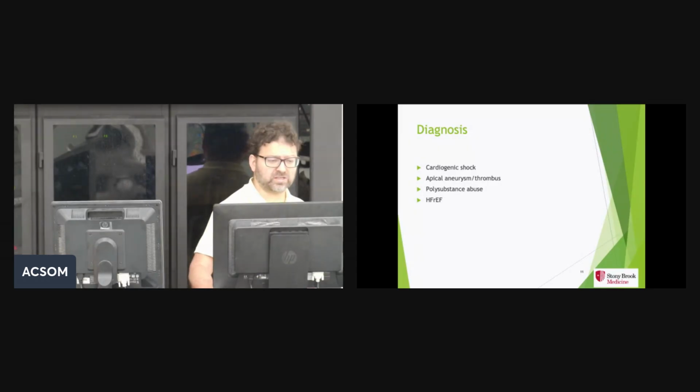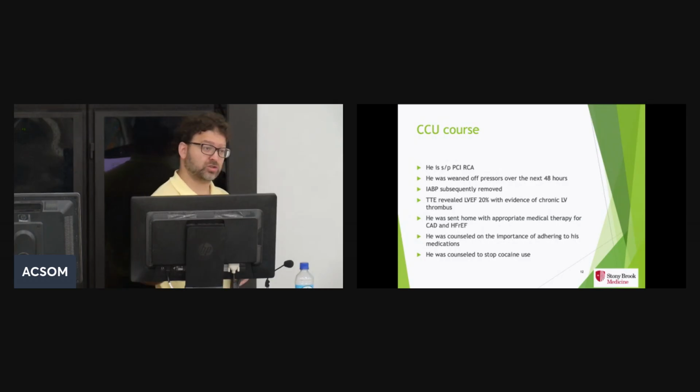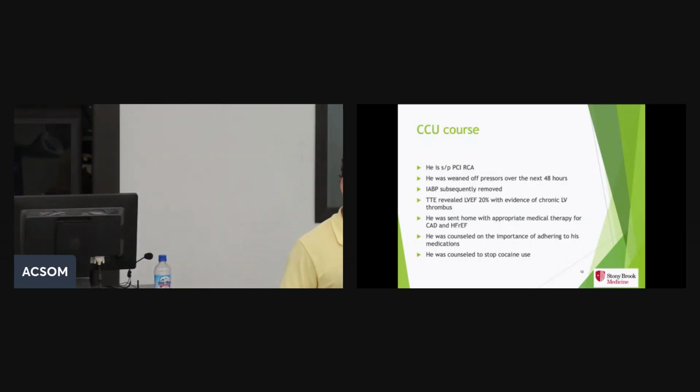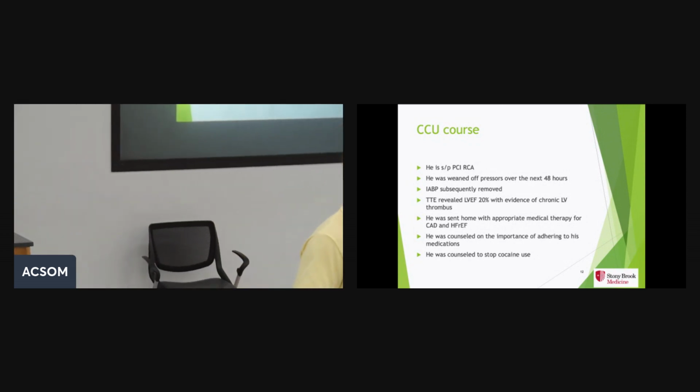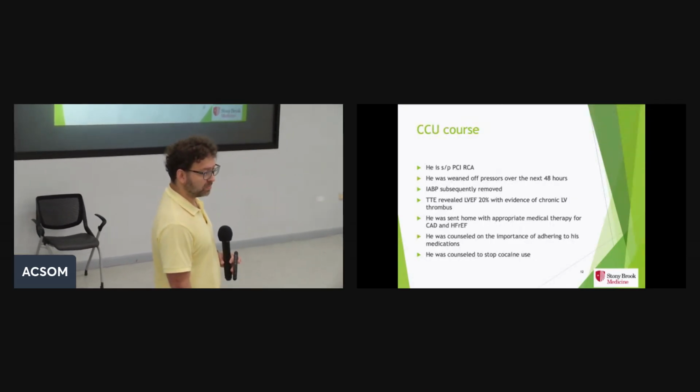So, cardiogenic shock, heart failure with reduced ejection fraction. He had a diagnosis of heart failure with reduced ejection fraction, right? They told that to you in the stem. What was his ejection fraction? 20%.